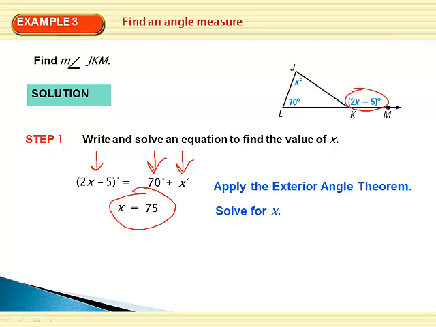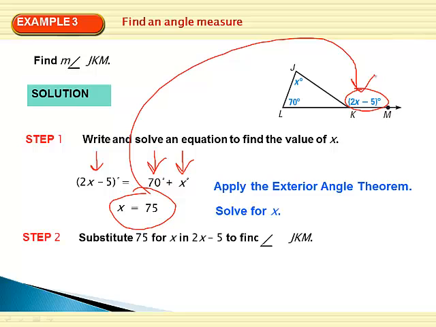You can actually plug it in for the x value to find out what your measure of JKM is. That's what I will do. Substitute 75 in for x, and once we do that, we get 145 degrees. And that's the measure of our exterior angle.